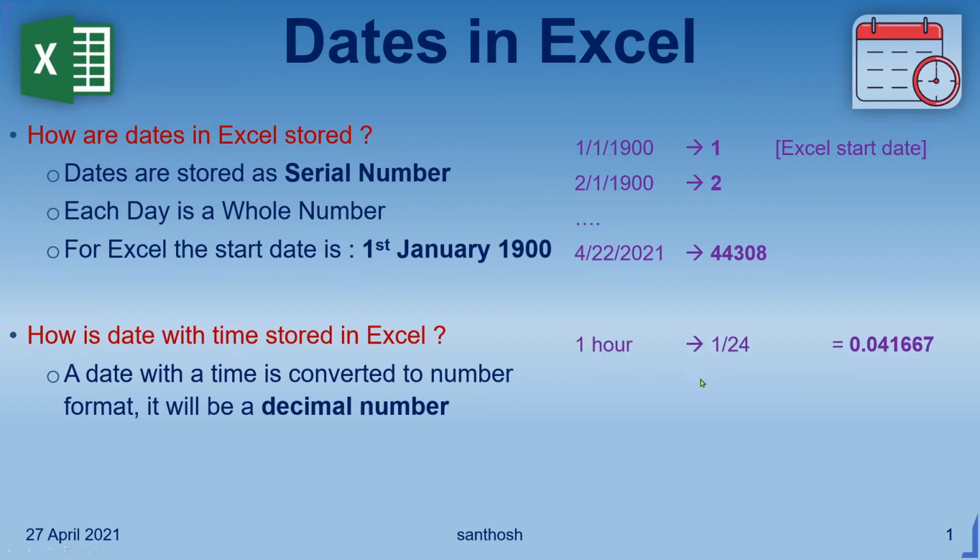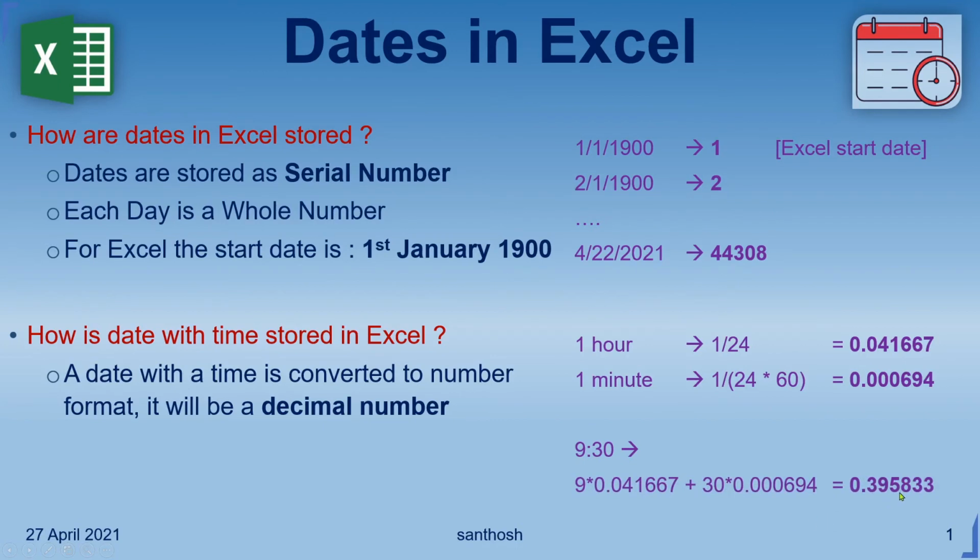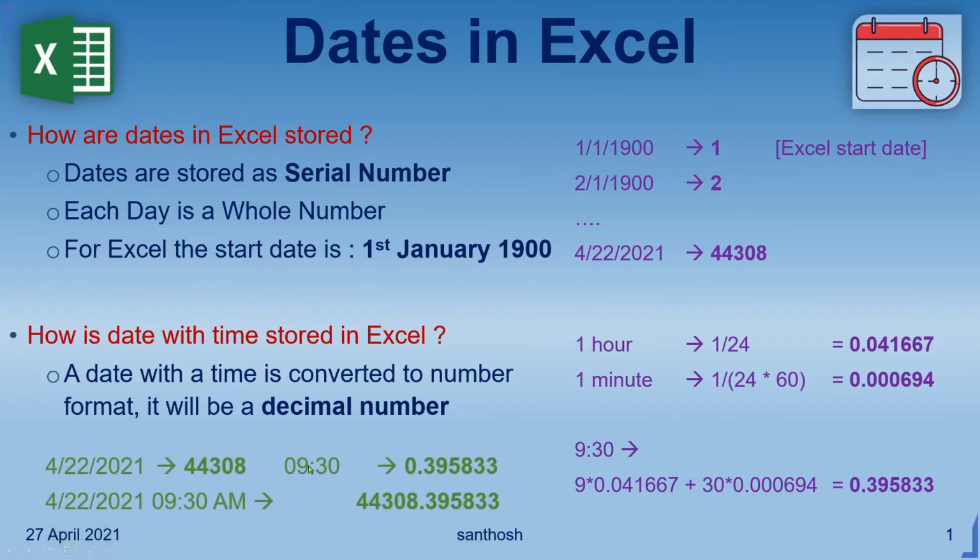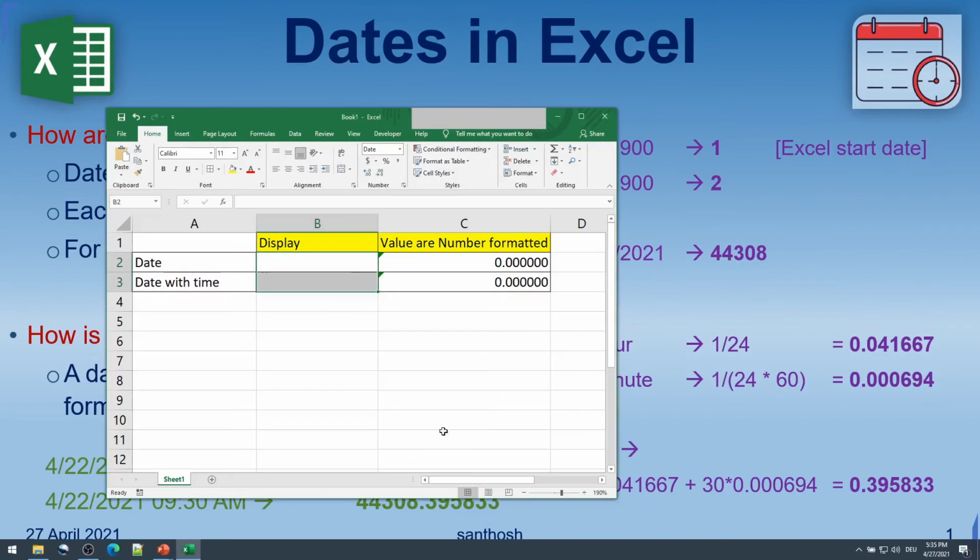Now, an hour is converted to 1 by 24, and a minute is converted to 1 divided by 24 into 60, which means 9:30 a.m. is going to be 0.395833. So in total, 22nd of April, 9:30 a.m. is going to be 44,308.395833.